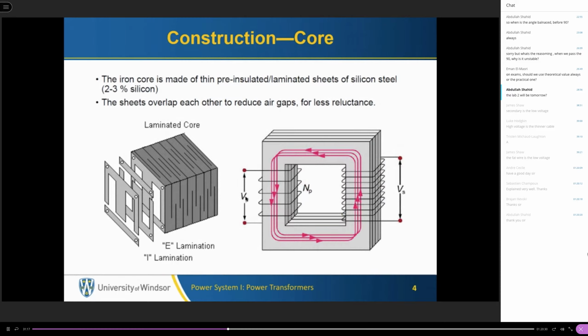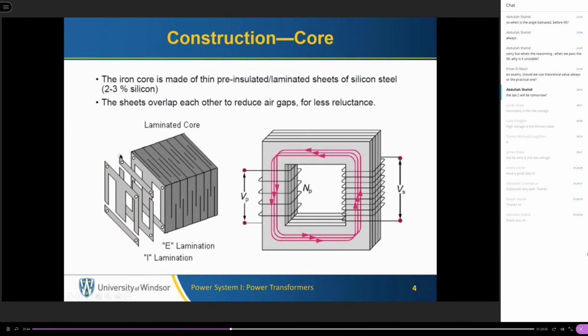Now let's talk about the construction of power transformers. And this is, again, an introduction. So the iron core is made of thin pre-insulated laminations sheets of silicon steel. So we have many laminations that make the core of the transformer. And the idea here is to reduce the induced current inside the laminations.